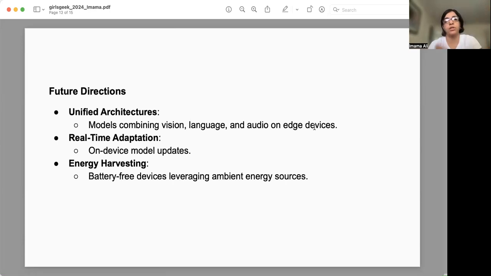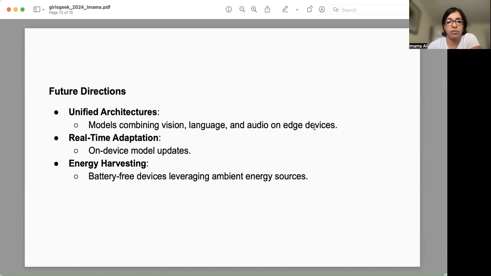The future directions for these architectures are basically combining the vision models with language and audio on edge devices and being able to create a multimodal network which can process all these different modalities, and be deployed in a low resource environment. Also, real-time adaptation.